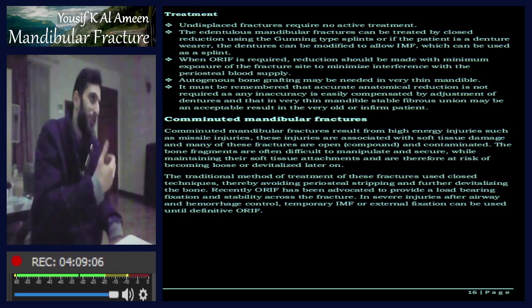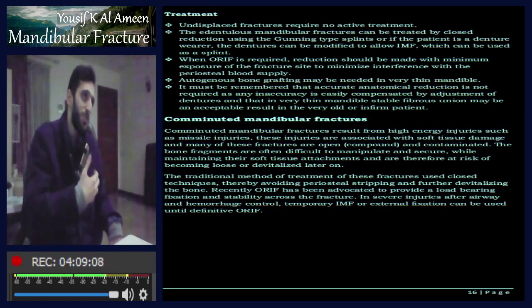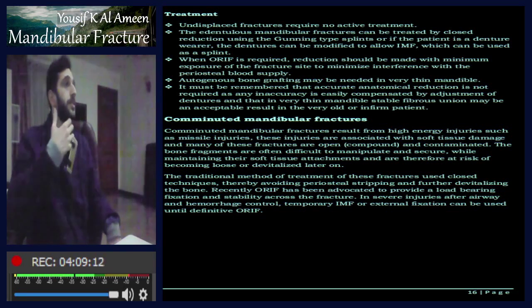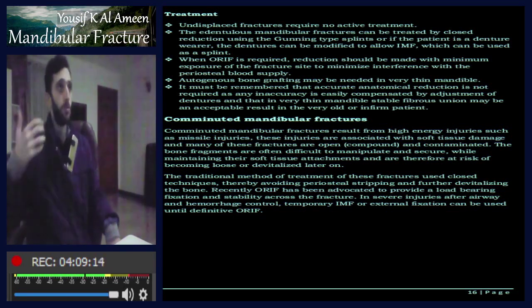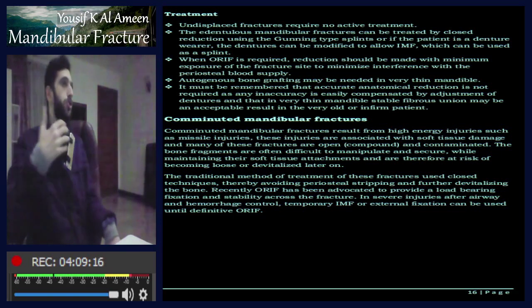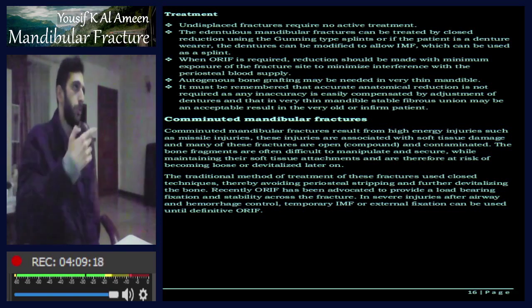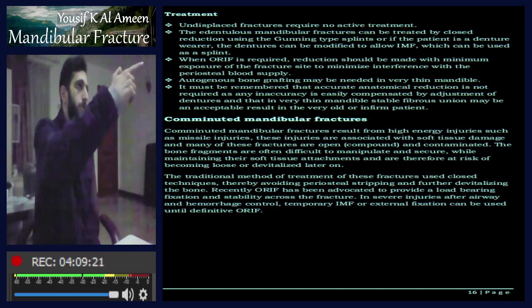Again, the edentulous mandibular fracture can be treated by closed reduction using the Gunning type splints, or if the patient has dentures, the dentures can be modified to allow intermaxillary fixation, which can be used as a splint.